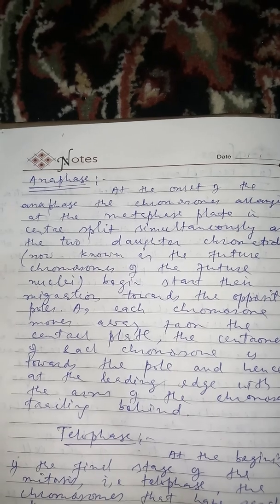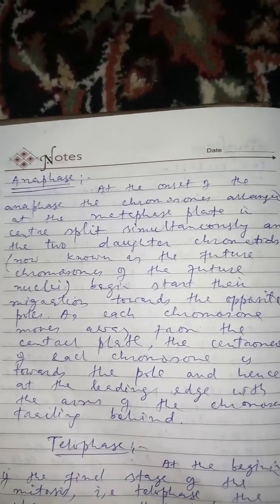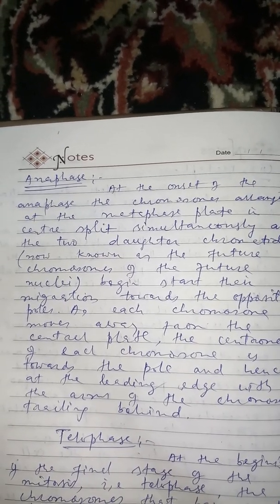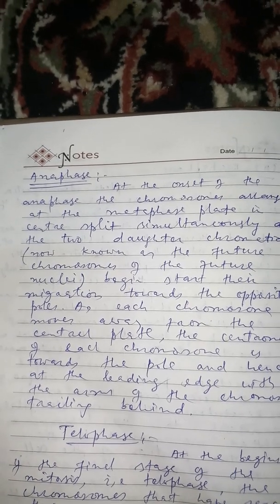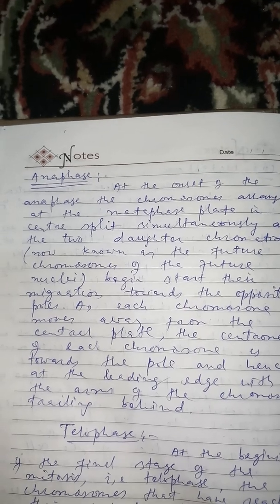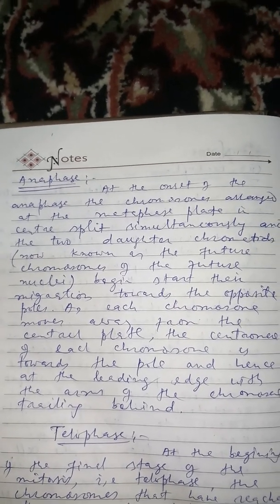In anaphase, each chromatid, each future daughter chromosome, moves away from the central plate and towards the poles of the cell.